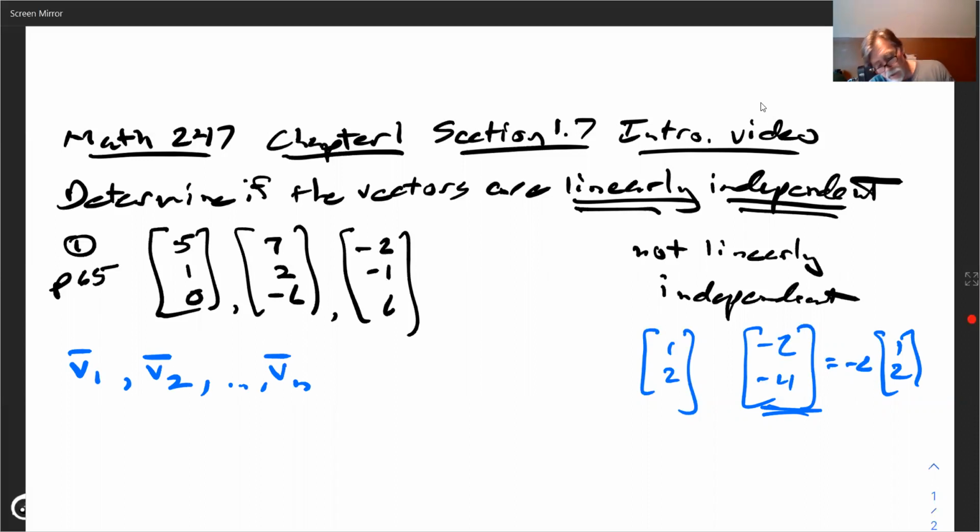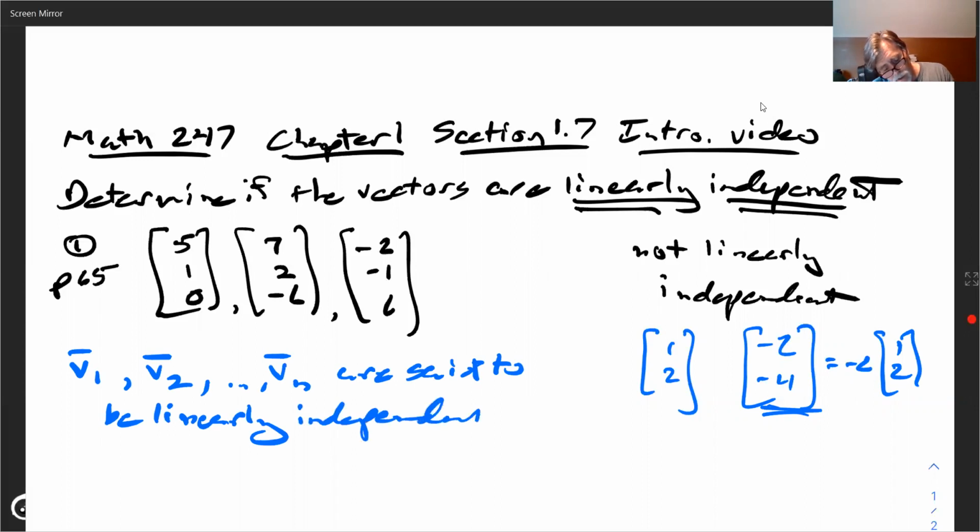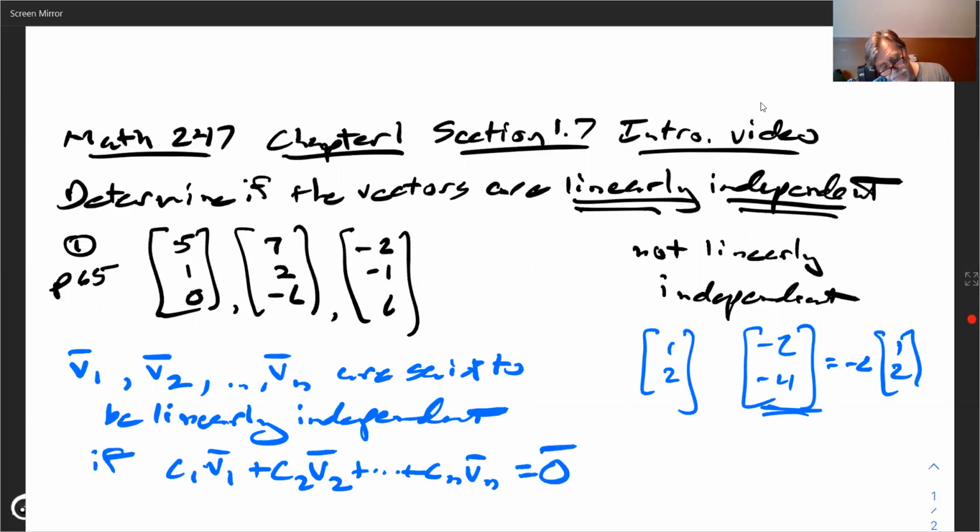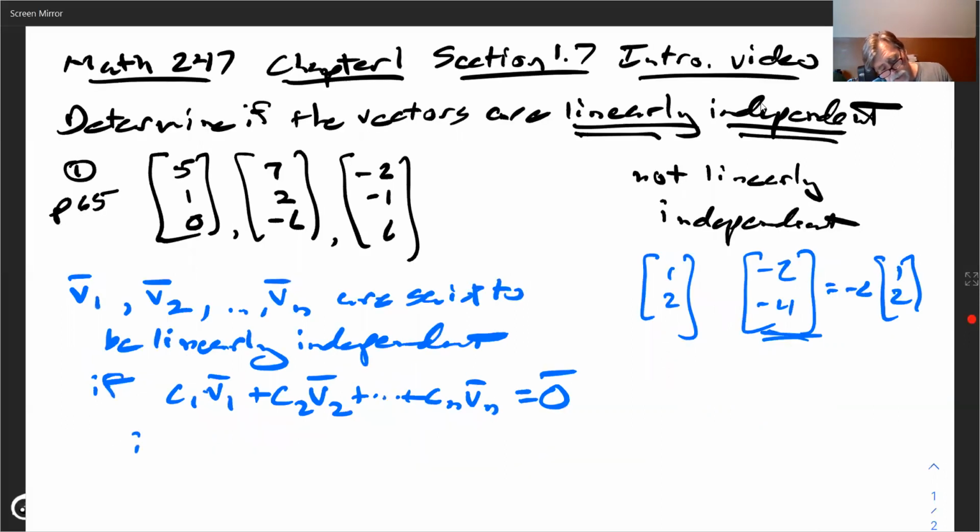These guys are said, one way to do it, said to be linearly independent if the linear combination C1 V1 plus C2 V2 plus ... plus Cn Vn equals the 0 vector, if and only if C1 equals C2 equals ... equals Cn equals 0.